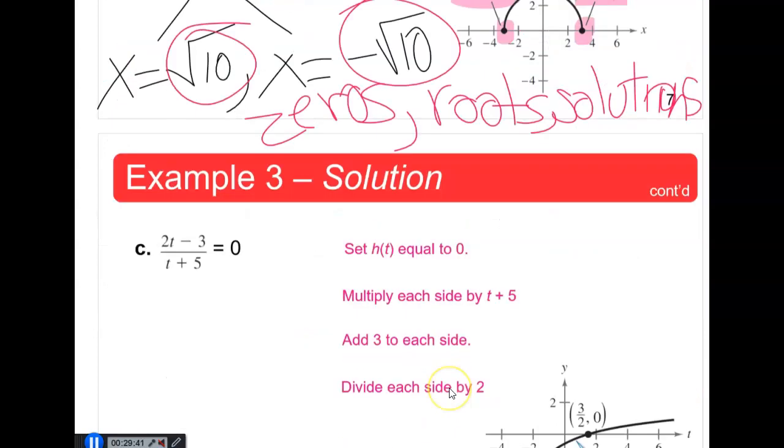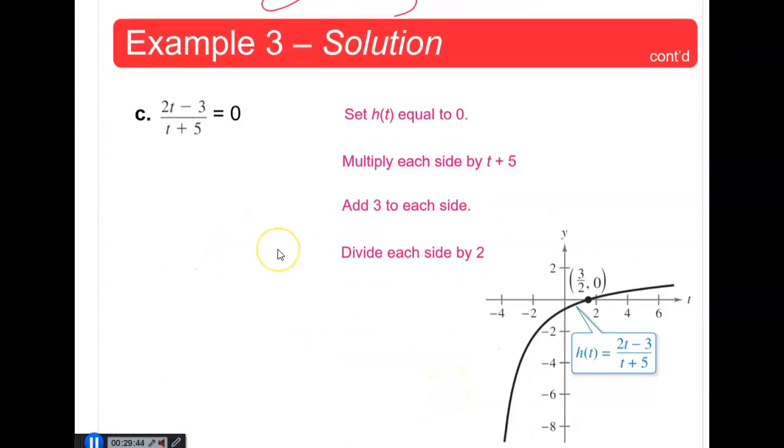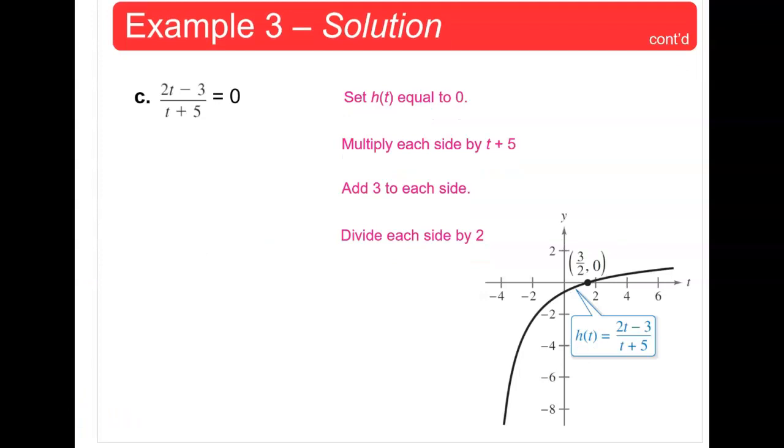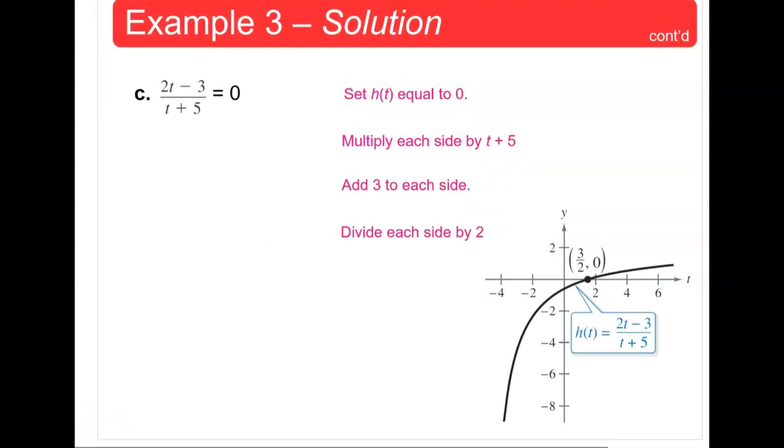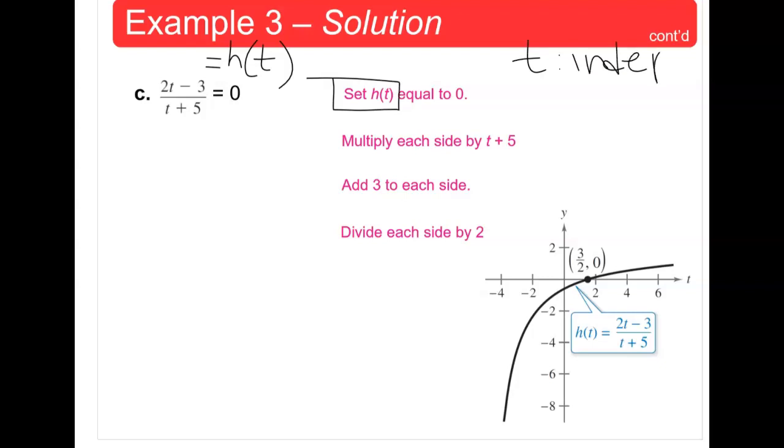There we go. Okay, we have one more. Example 3. So here again, the first step says set h of t equal to 0. So I'm just going to write it here so you understand exactly what they mean. So now you can see that t is the independent variable instead of x.